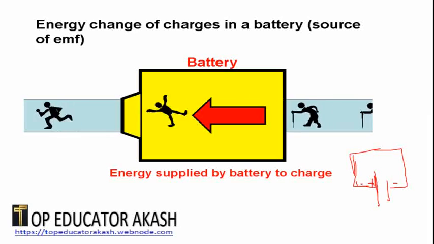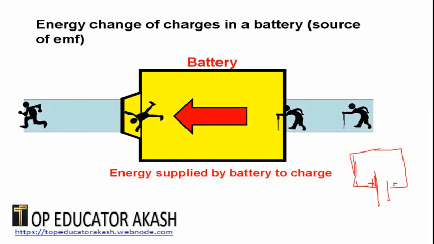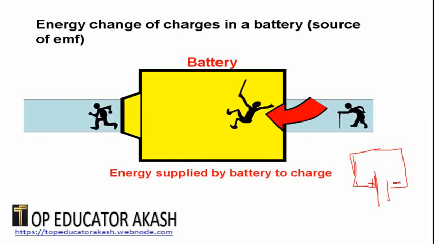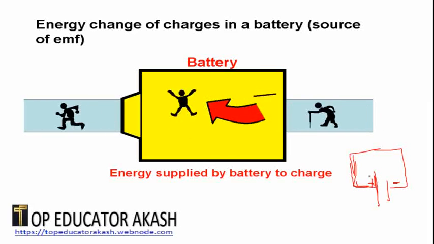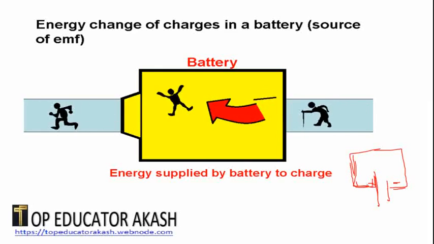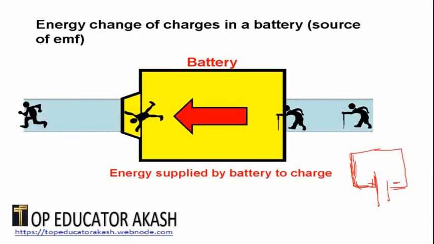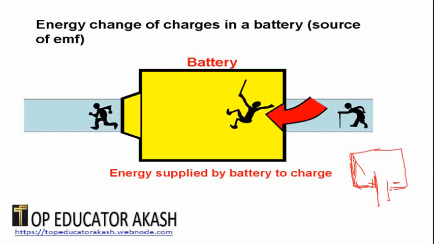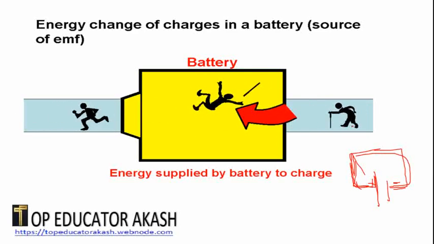So the current direction is always from positive to negative. It is the conventional direction of current. So the electrons start moving, and finally it enters here.